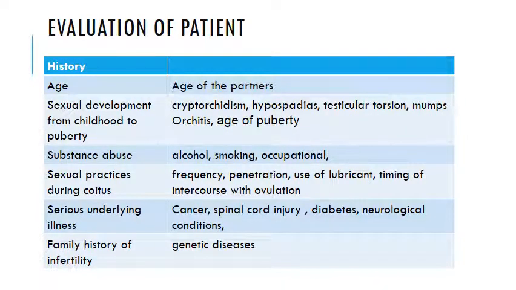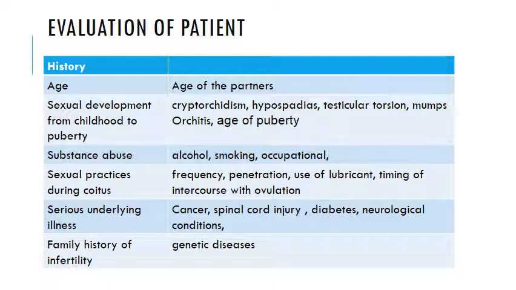In evaluating the patient with infertility, history plays an important role, so we have to thoroughly evaluate the history of the patient. We evaluate the age of both the partners, and the sexual development of the patient from childhood to puberty, whether there is any cryptorchidism, hypospadias, any history of testicular torsion or history of mumps, or the age of puberty.